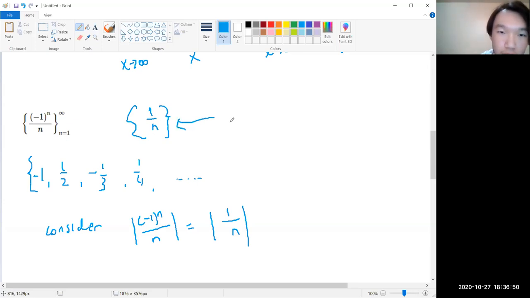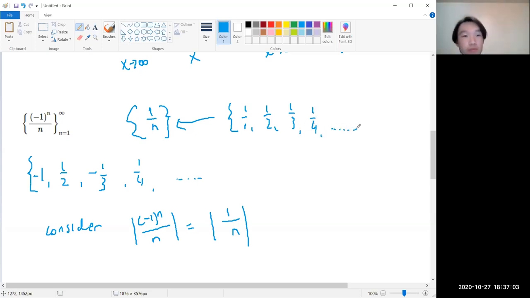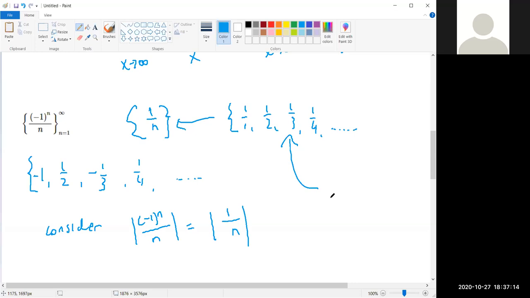So this right here, 1 over n, is the sequence 1 over 1, 1 over 2, 1 over 3, 1 over 4, and so on and so on. So where does this one go? 0. Yeah, so this one goes to 0.